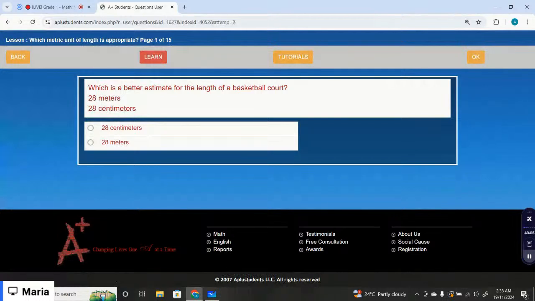Which is the better estimate for the length of a basketball court? 28 meters or 28 centimeters?